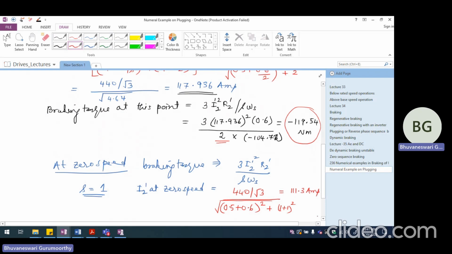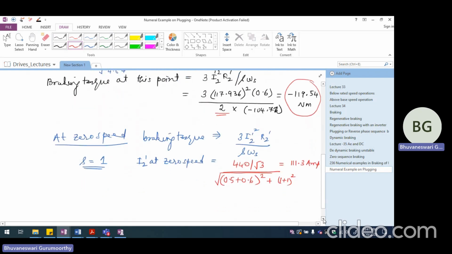So I2 dash is 111.3 ampere, and the torque we get under this condition, if I use this expression, I should write 3 multiplied by 111.3 whole square multiplied by 0.6 divided by slip, which is 1, and synchronous speed is 104.72.